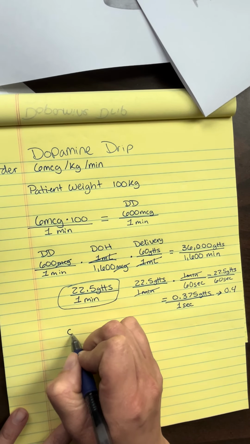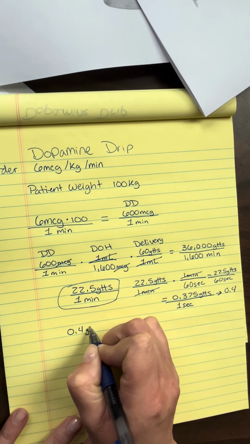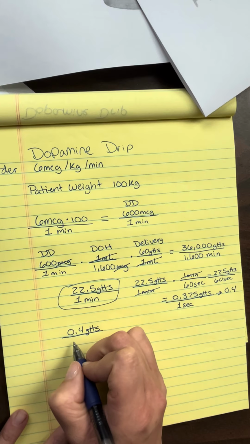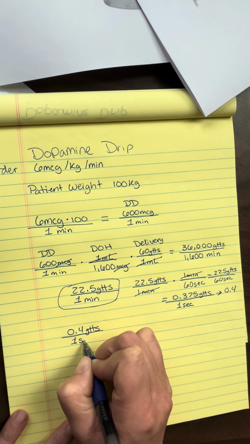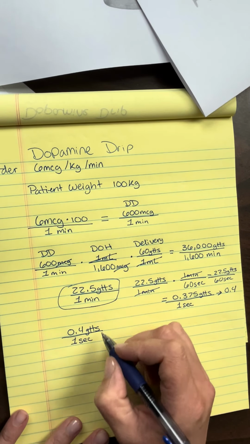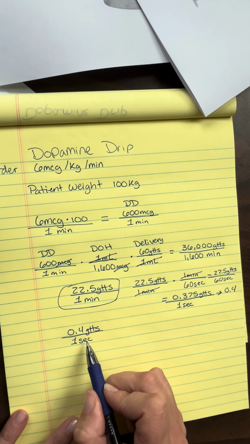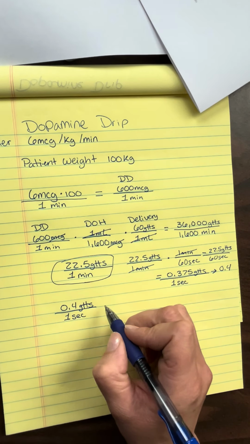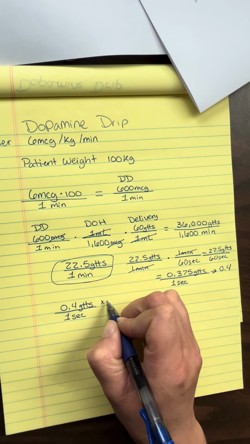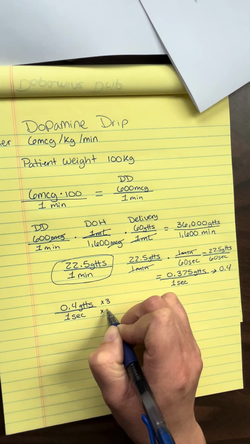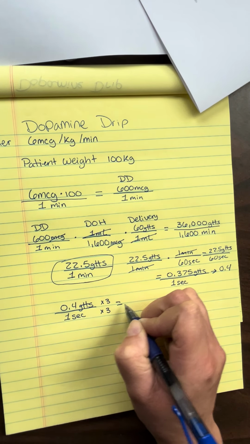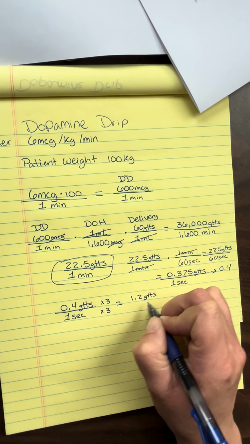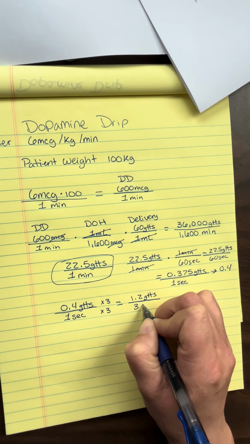And what we're going to do is we're going to have 0.4 drips per 1 second. Now I know if I multiply this by 3, that'll give me a little bit over 1. So anything I do to the top, I need to do to the bottom. So I'm going to multiply this by 3, multiply this by 3, and this will equal 1.2 drips every 3 seconds.